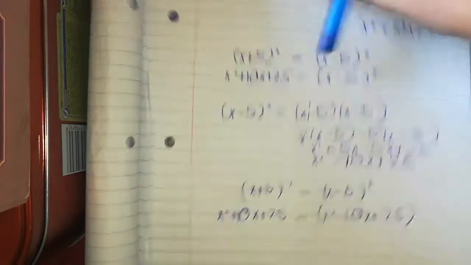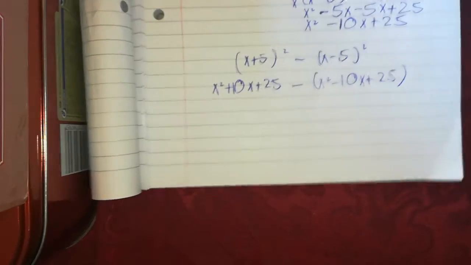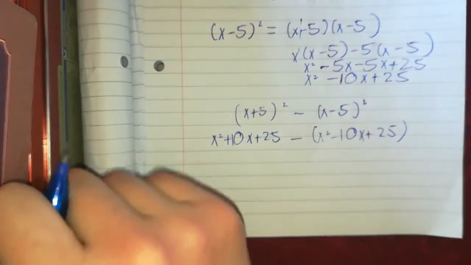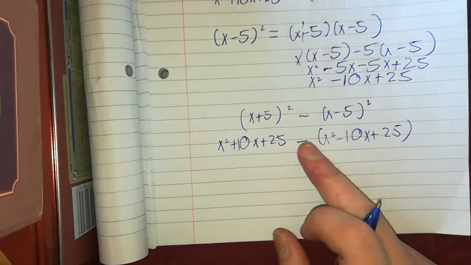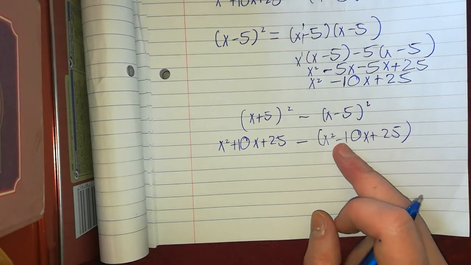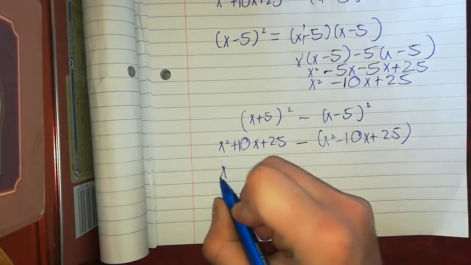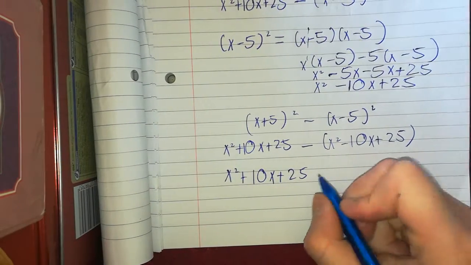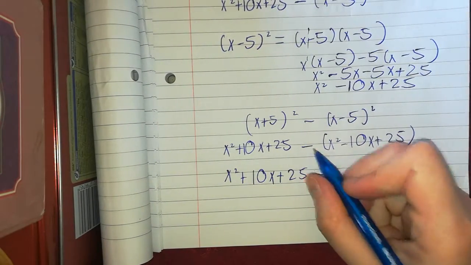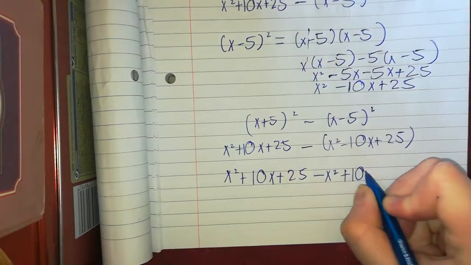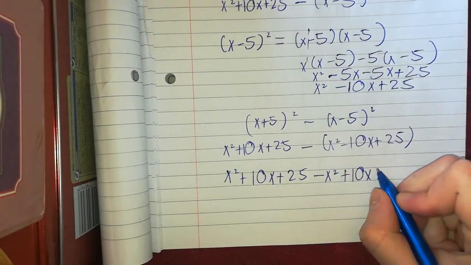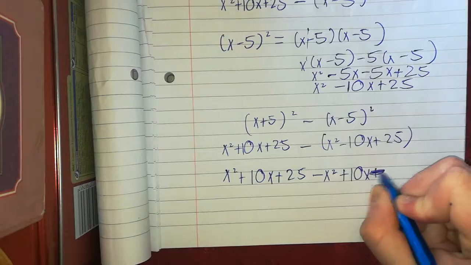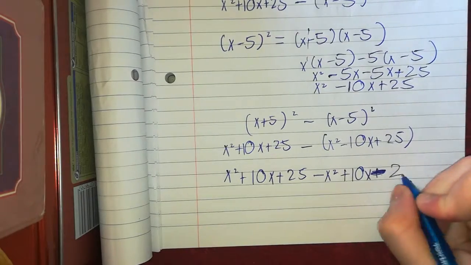When I have a minus in front of a bracket, that means I'm minusing everything in that bracket, so the minus x squared, the minus 10x becomes a plus 10x, and the plus 25 becomes minus 25. My first bracket doesn't change.